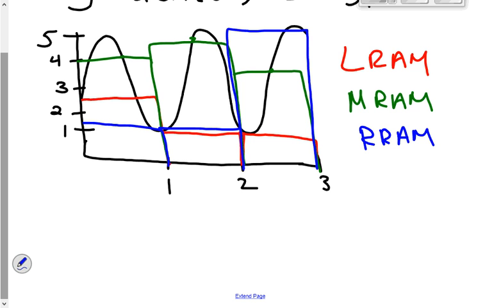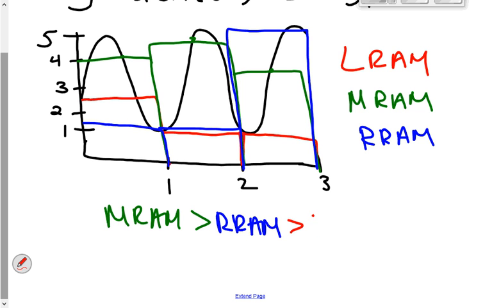So which of these do you think is going to give us the biggest value? MRAM. I'll even write it in green. And then what? Probably from the way we've drawn it, RRAM. I'm not sure if I've done it carefully enough.